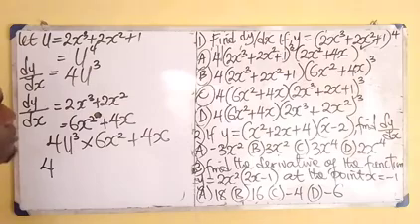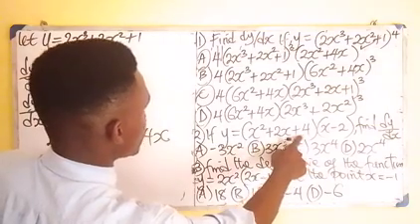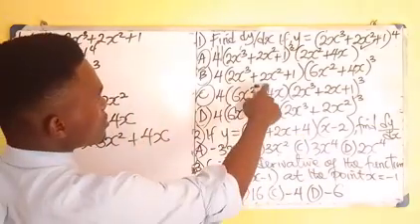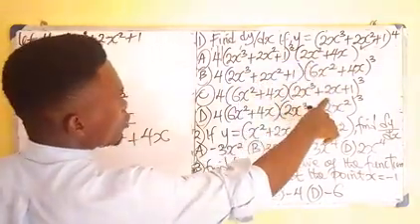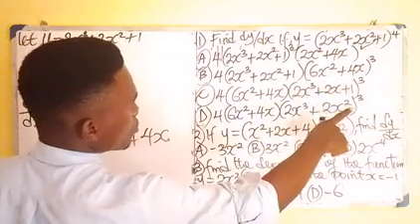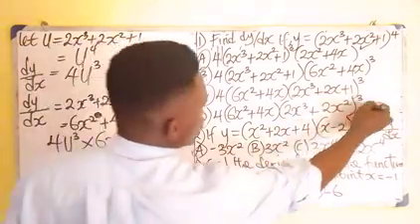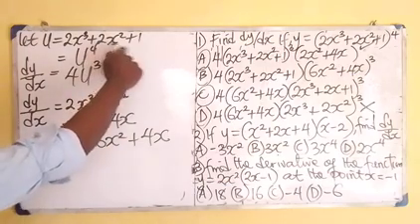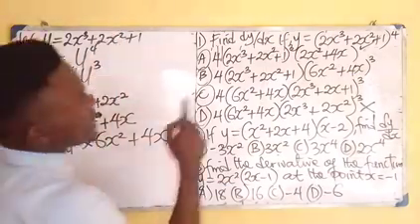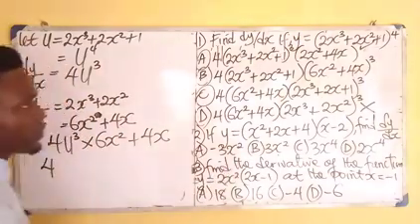Don't forget we have plus 4 here. This one is out of it. Why can't we pick it? Because this expression has to be repeated. So options A and D are out of it already.